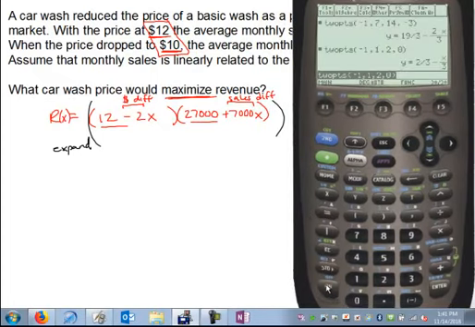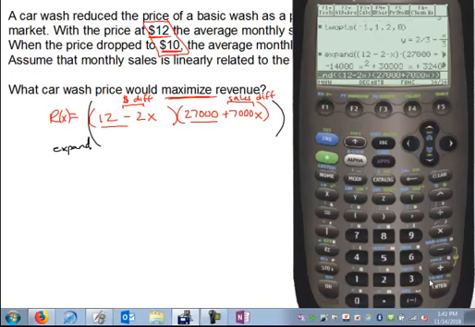So I'm going to go to expand, type in my factors, (12 minus 2x) times (27,000 plus 7,000x), and close that off. And when I do, I now have my function. I don't need to write it down because I'm just using 2 pieces of it, the b and the a, because I'm going to use my vertex.